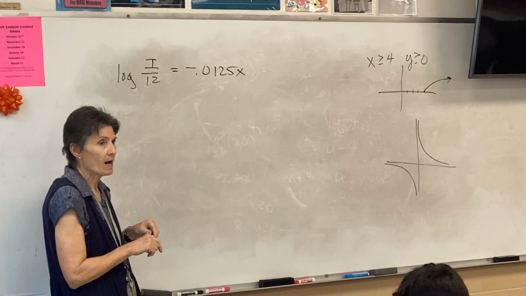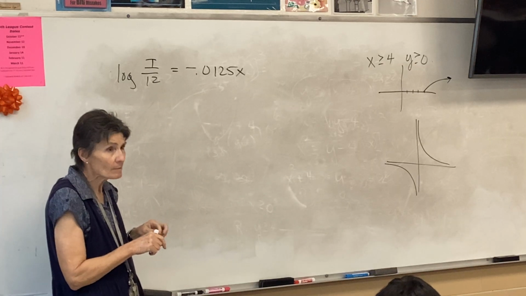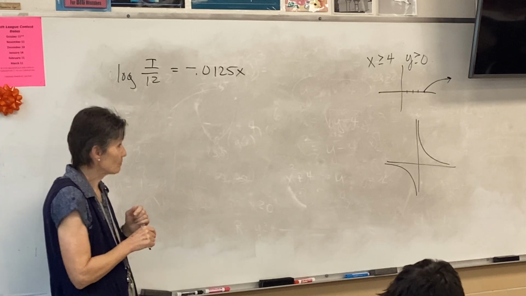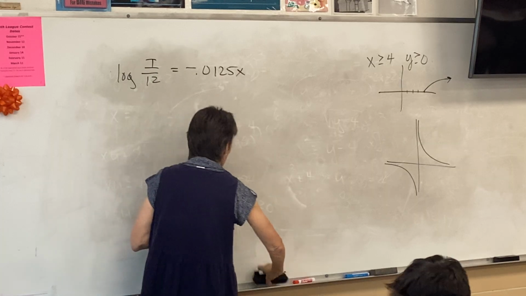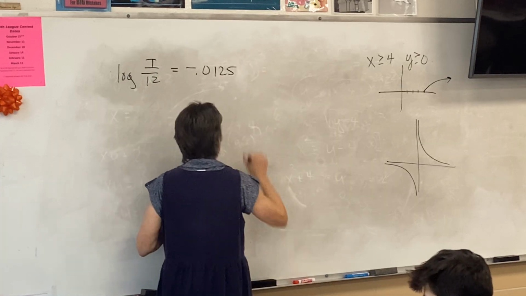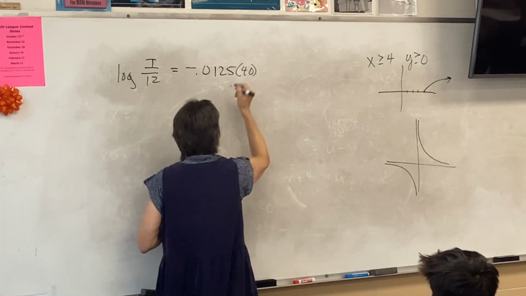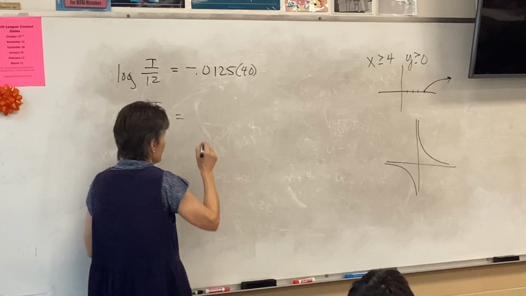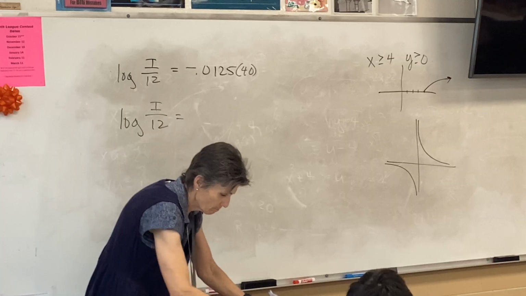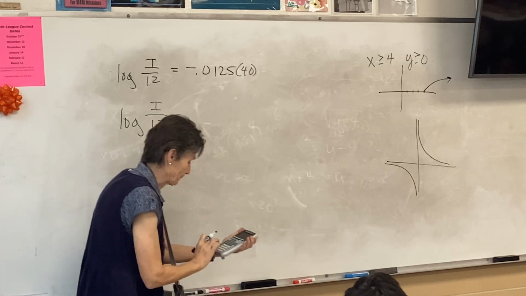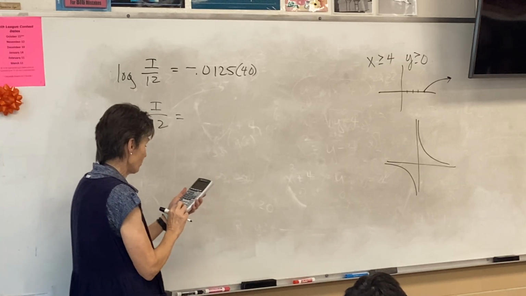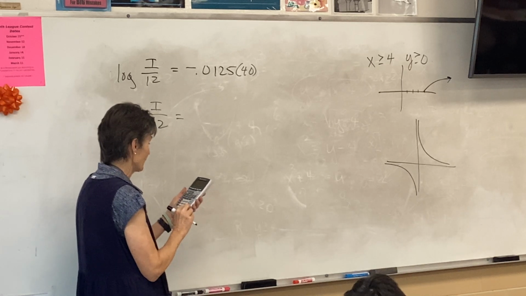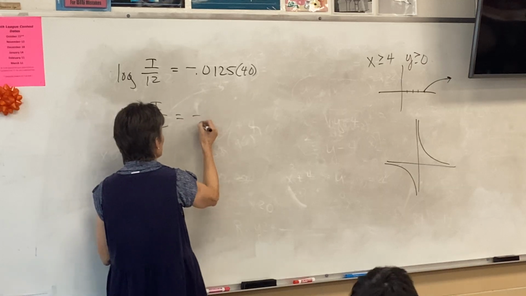I have to find I if x is 40. So I'm just going to put 40 in right here. So now I have I over 12 equal to whatever that is, multiplied. Negative 0.0125 times 40. A negative 0.5.